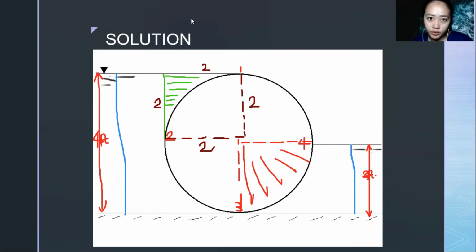So at point 2, here, and point 3 up to here. So this will be the volume.